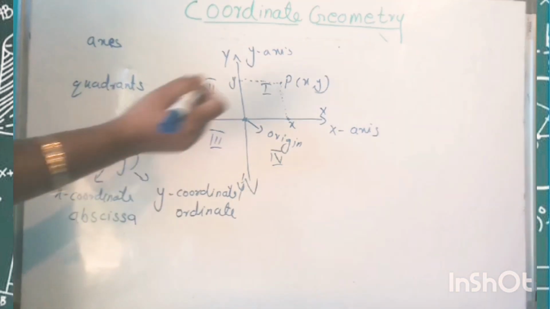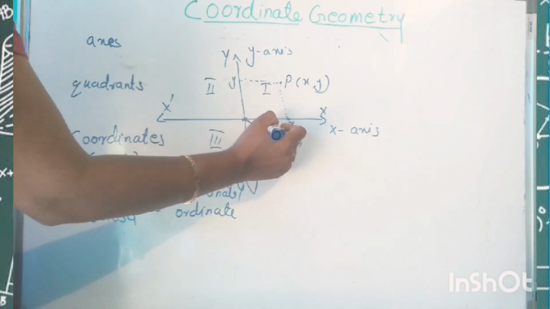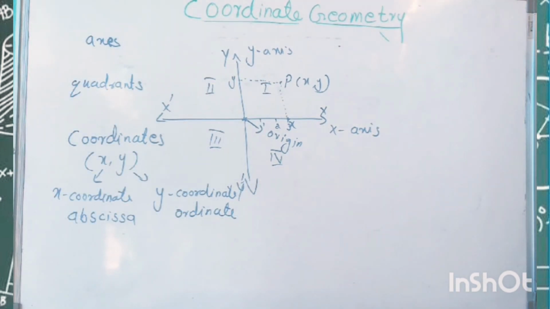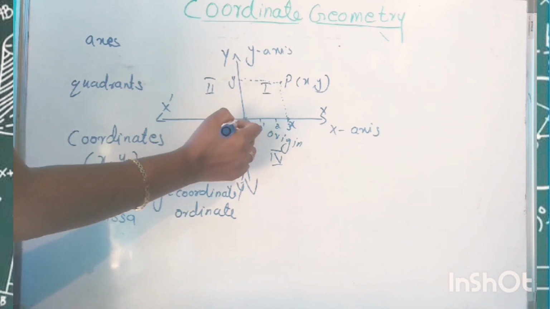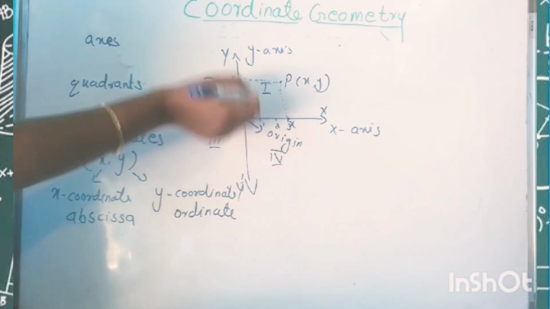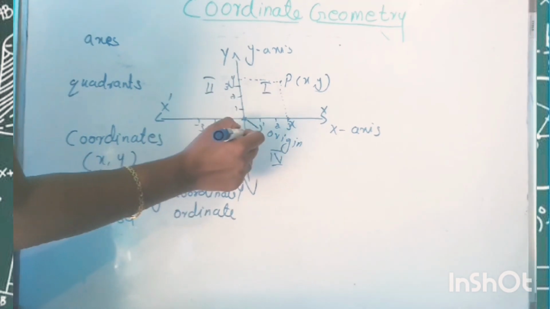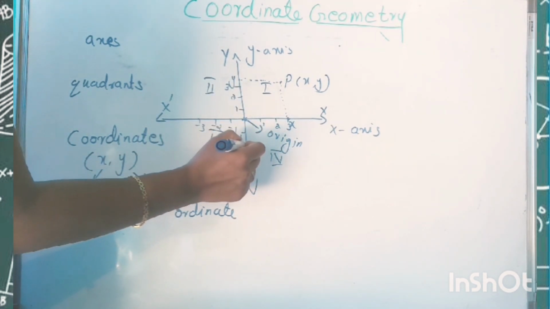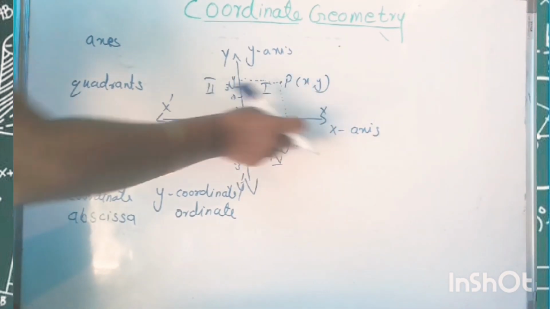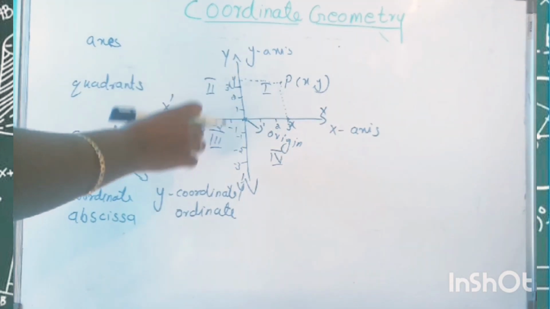Before going to that, to the right of the origin we will have positive values on the x-axis.